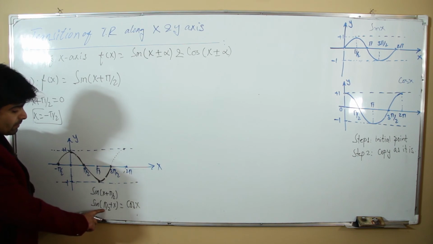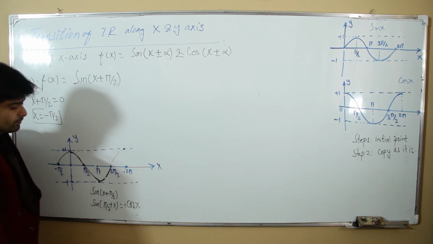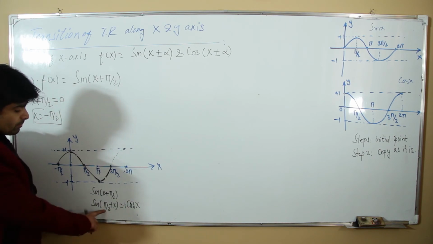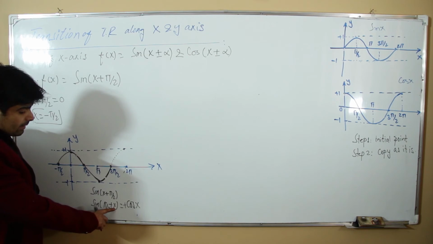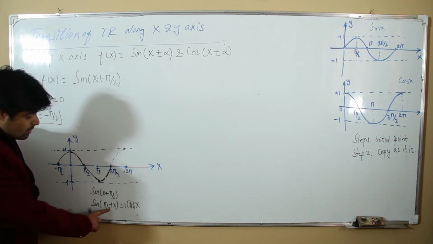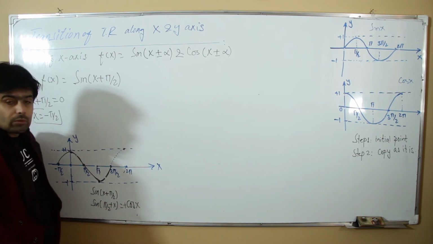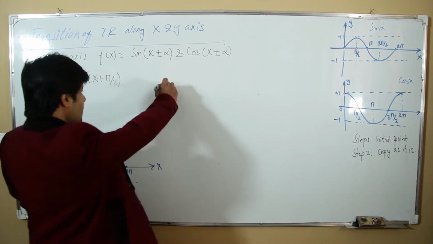This is in the second quadrant, so sine is positive. Pi by 2 plus x, x is an acute angle. Am I right or not? Yes. So sine(pi/2 + x) is the same, so it is the graph of the cosine. You have got it.